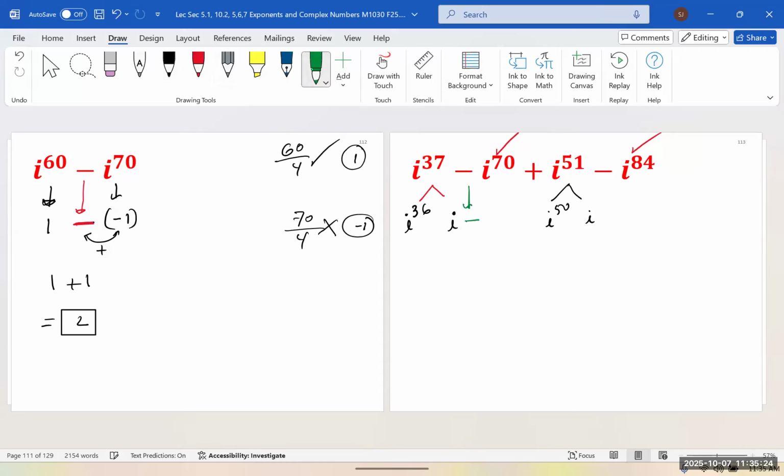So we have a minus. Can you divide 70 by 4? No. So answer is negative 1. Can we divide 84 by 4? Can we? Yes. So this answer is positive 1. We don't have to write positive. It's 1. So let me change the color to red. So in the middle we have this.